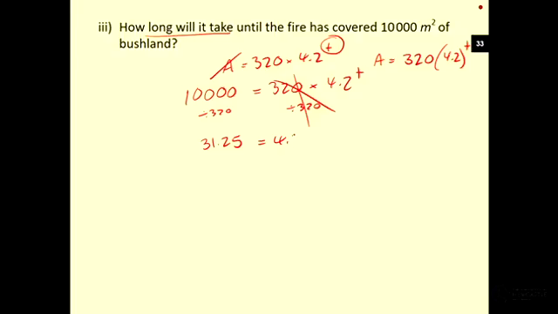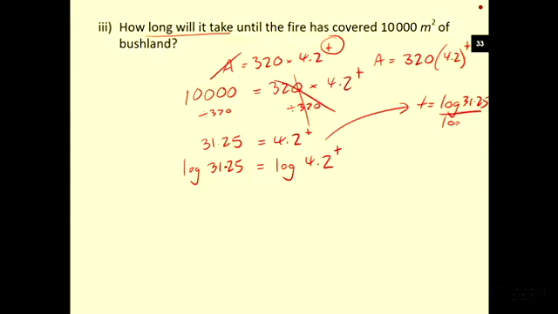Equals 4.2 to the t. Yep, it's log time. I've got something equals something to the power. So I'm going to write log of the left equals log of the right. And here I'll say that you might have already seen from last week, if you're spotting, hang on, there's a shortcut here, this question didn't ask for working. The answer is going to be log of the left number divided by log of the right number.